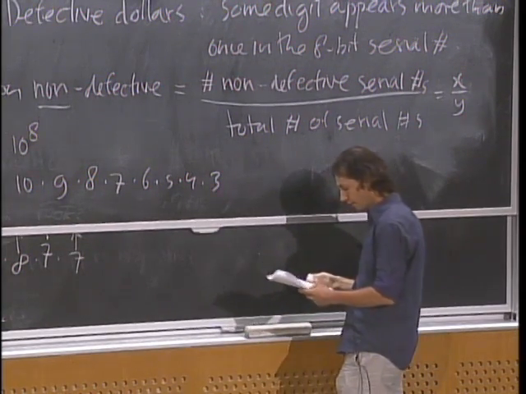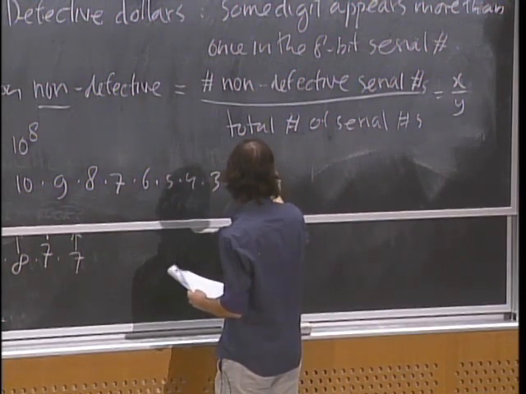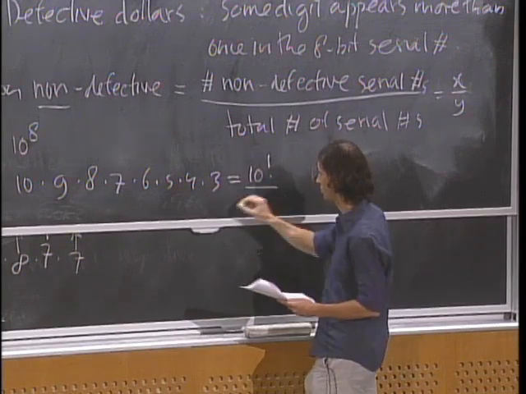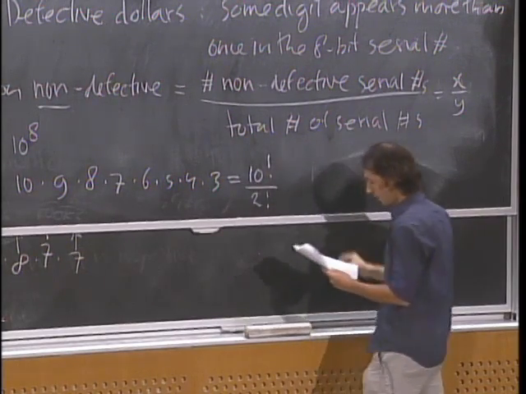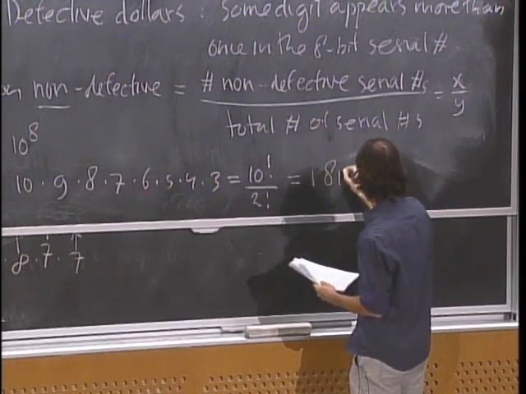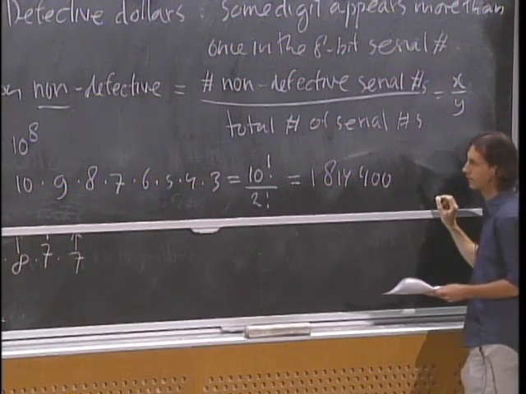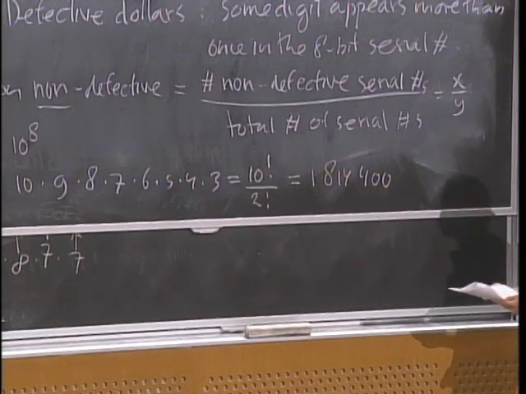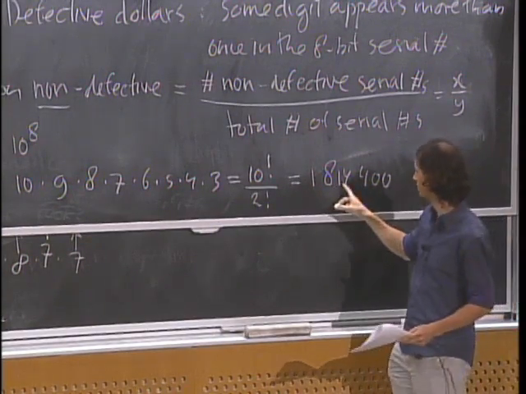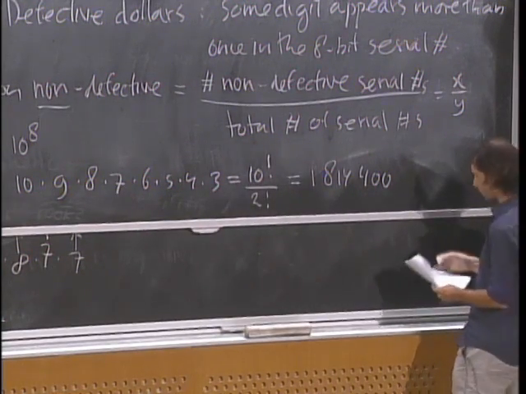Okay, so how many are these? This is actually equal to 10 factorial divided by 2 factorial. And it turns out to be 1,814,400 possible choices. So now let's look at the fraction. If you divide this by this, we get a really very small fraction.